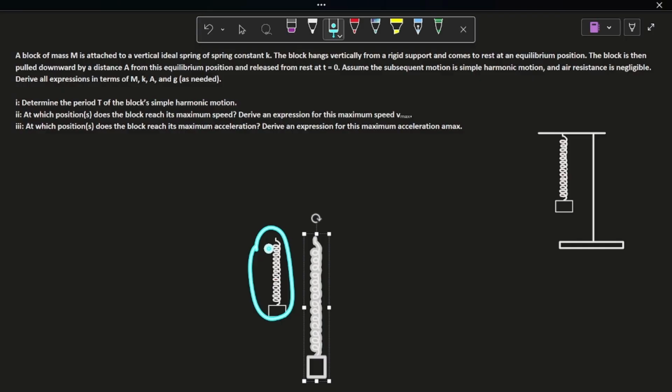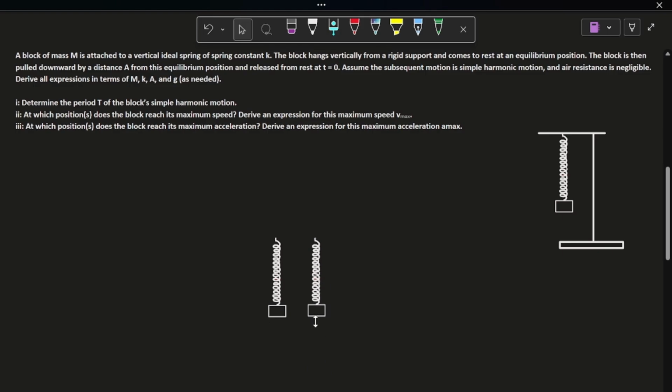After you release your hand, it will try to go back to its equilibrium and then go past it until it reaches distance A above its equilibrium position. Then it goes back again because the spring wants to go back, and due to inertia, it goes down again, repeating this process forever.